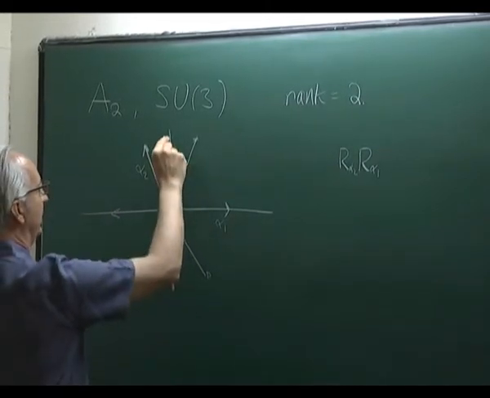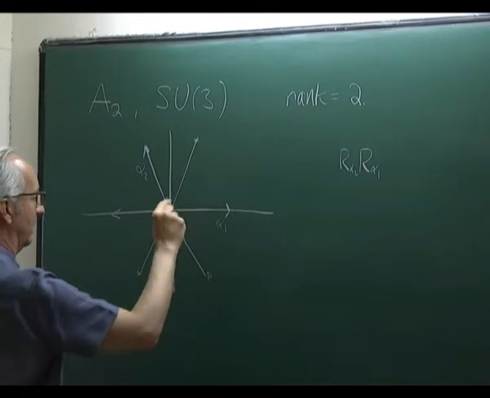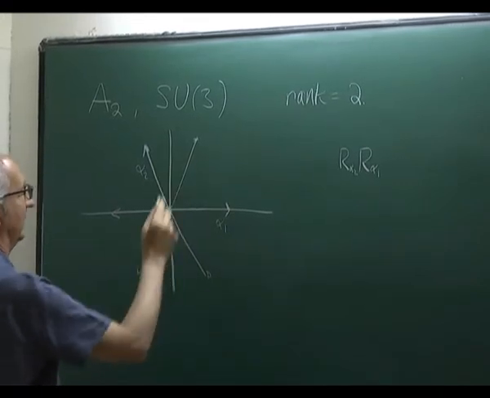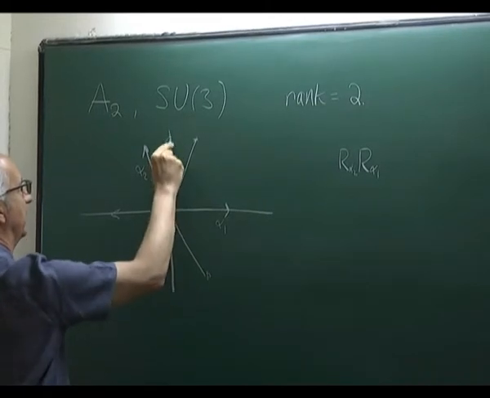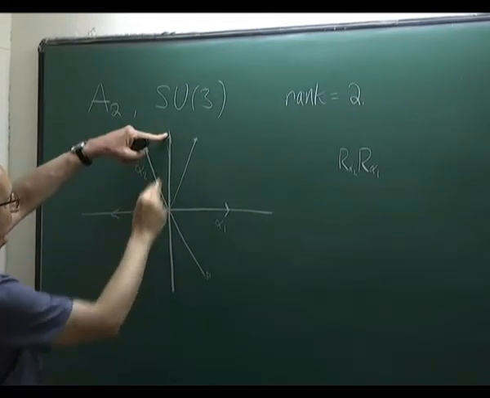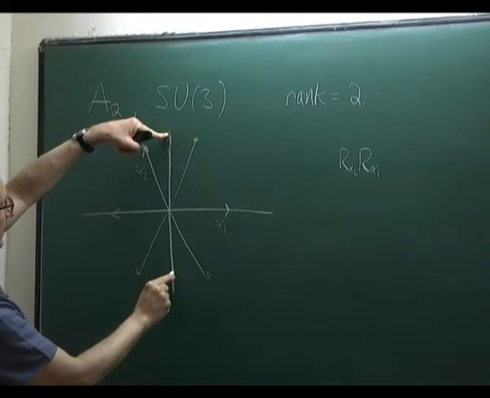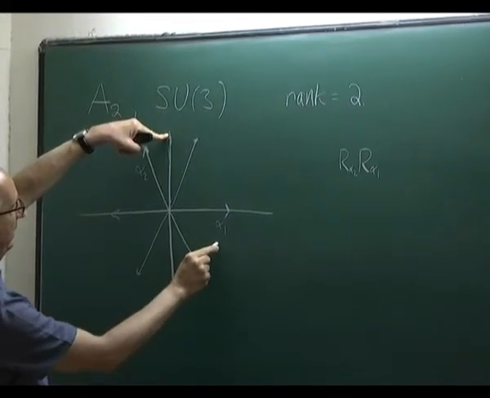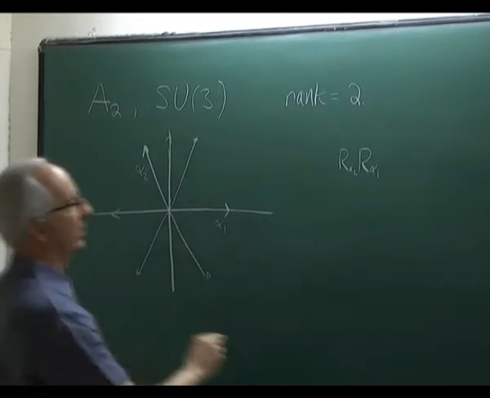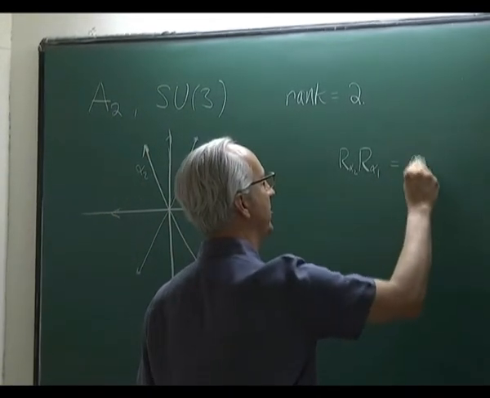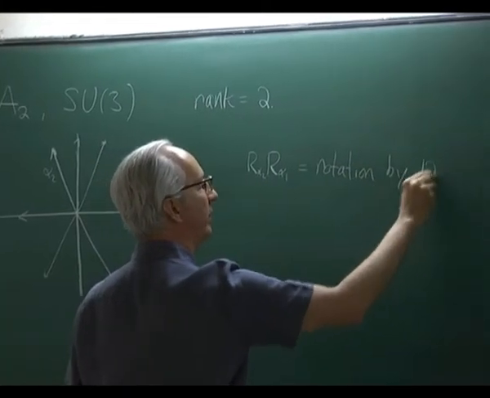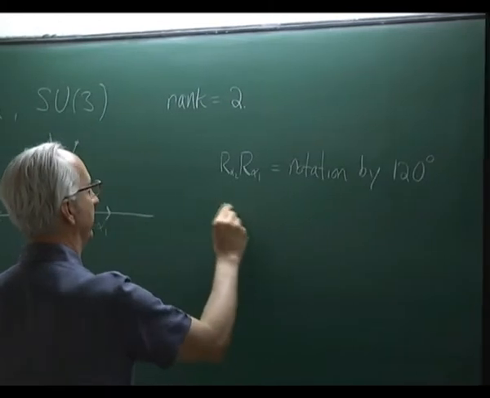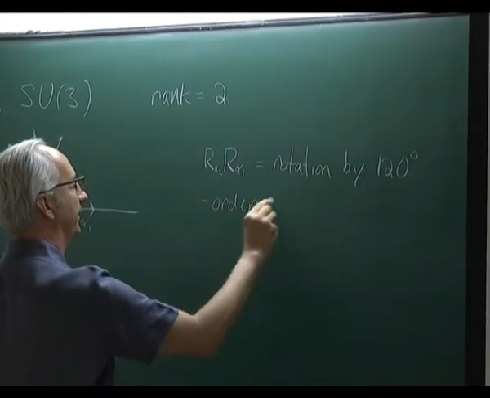So if I just take this guy here, and I reflect it in alpha 1, I go down here, and then if I reflect it in alpha 2, I go over to here, and that corresponds to a 120-degree rotation. So this is a rotation by 120 degrees. That is, it's order 3.